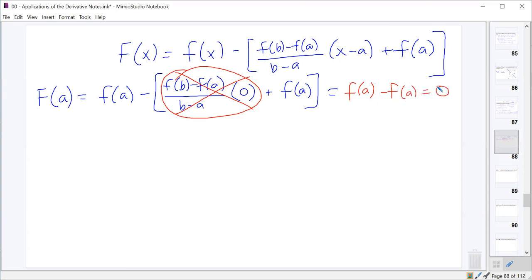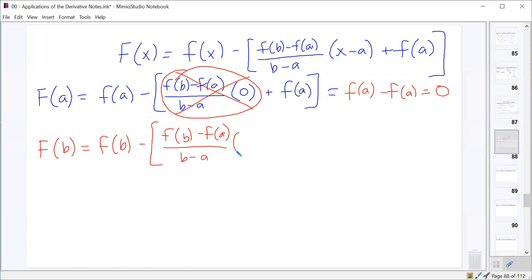All right. Well, then let's go in and see what happens when we look for capital F of b. Well, that will give us little f of b minus the quantity little f of b minus little f of a over b minus a times, well, now since x is b, this becomes b minus a, and then plus f of a. And let's take a look at what happens there. Well, this b minus a in the denominator ought to cancel with this b minus a up here in the numerator.